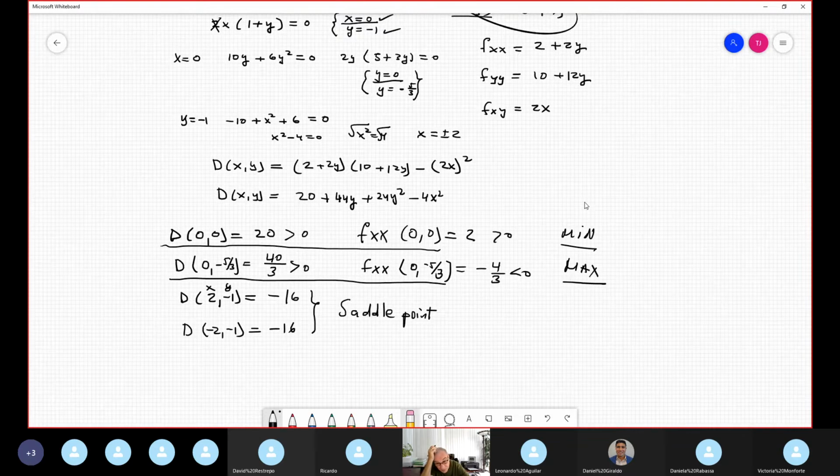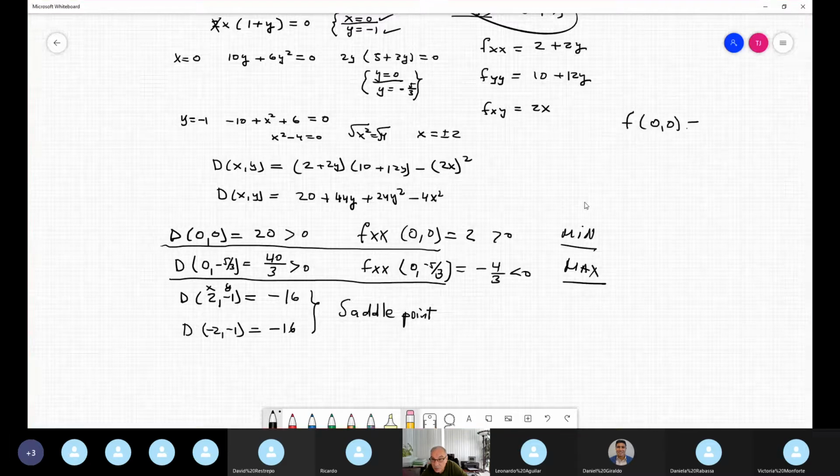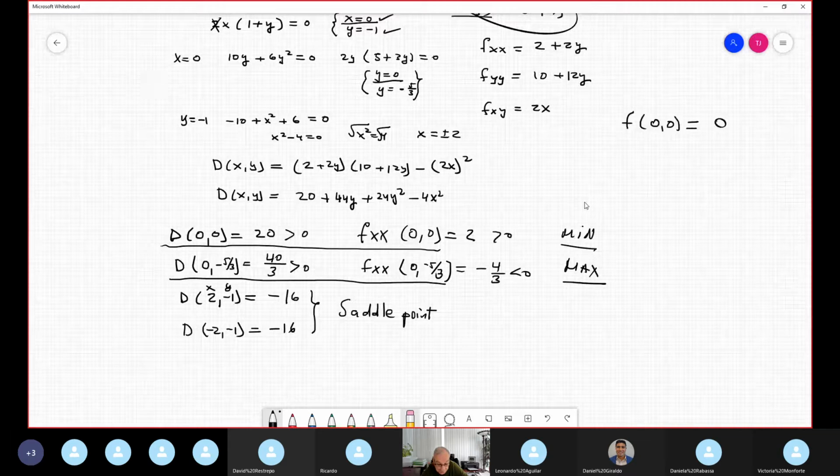In order to find the value associated with this minimum and this maximum: the minimum occurs at the point (0, 0), and the maximum occurs at the point (0, -5/3). But what is the value for the minimum? What is the value for the maximum? You evaluate in the original function. So I list it here, the original function at (0, 0): 0 minimum. Okay, you plug it in here.